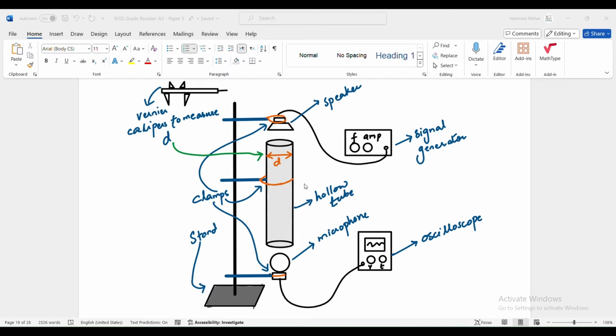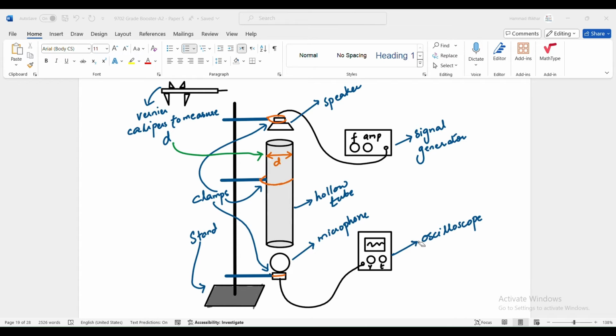One potential setup over here. What I've done is arranged it vertically. You could do it horizontally also, or any other way you can choose. On a stand, I'm using three clamps, one to hold the speaker, one to hold the hollow tube, and one to hold the microphone. The speaker is connected to the signal generator with which we can control the frequency of the sound.